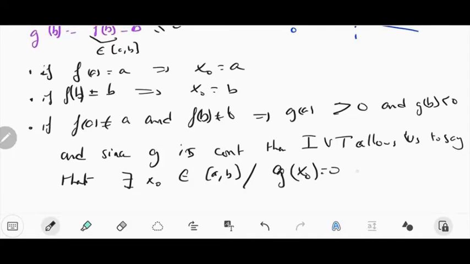And since g of x0 is equal to 0, it means that f of x0 minus x0 equals 0, then x0 is equal to f of x0, and we found the point we're looking for.